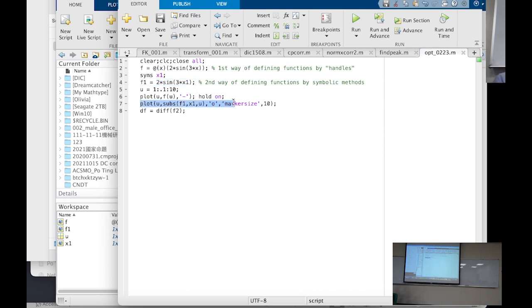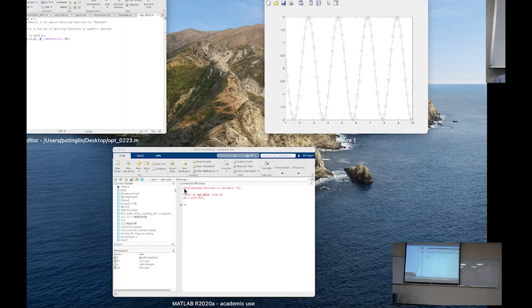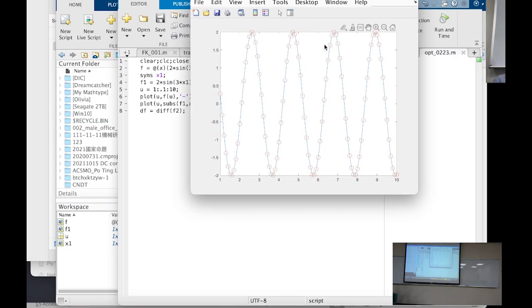Then when I do plotting, the way to assign values to that symbolic function is to substitute. Subs is substitute. Substitute into this f1, replacing what's inside, replacing x1 by u. U was the vector from 1 to 10, right? So basically, I'm plotting it in a different way, with circles. So that's why I have those circles.